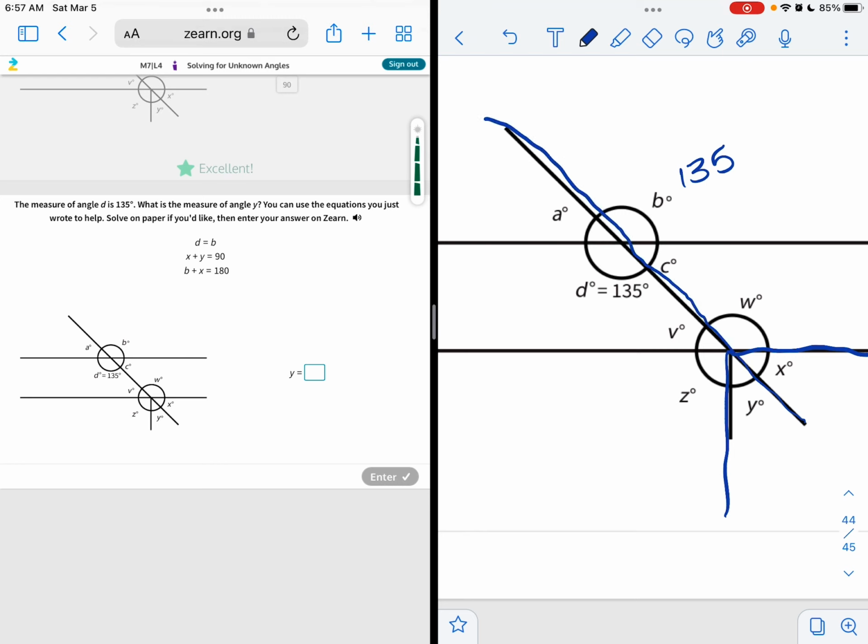That straight line right there. All right, so 135, 135. We also know that this is a straight line. So if we did 180 minus 135, we could figure out A.